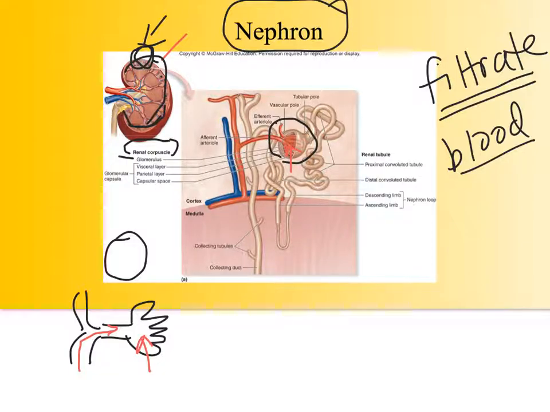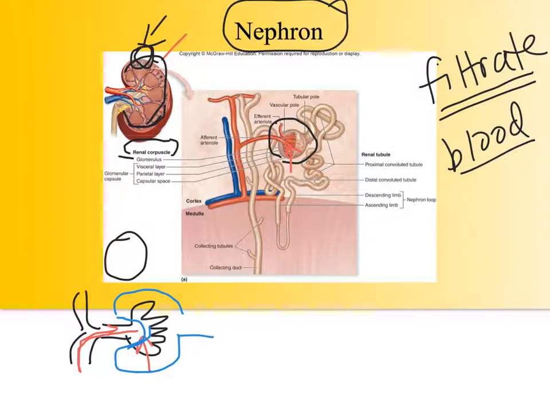I hope that makes sense. So they're all around there. What's going to happen is the blood is going to come into them, and it's going to be under a constant pressure. Then we're going to filter the blood through this glomerular capsule.